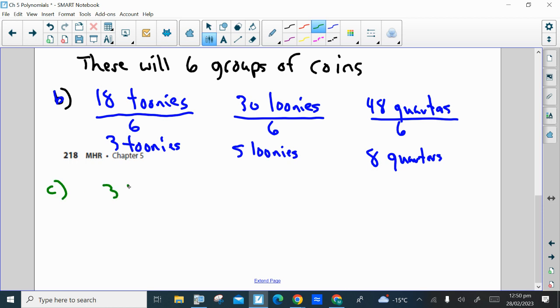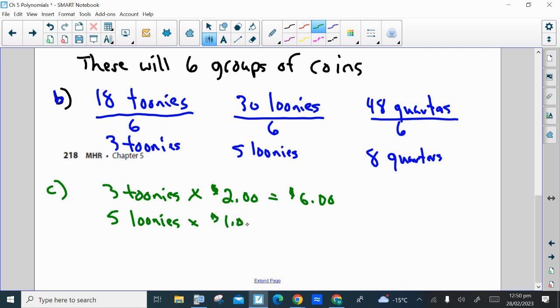So our 3 toonies times $2 per toonie gives us $6 in toonies. We have 5 loonies times $1 per loonie gives us $5.